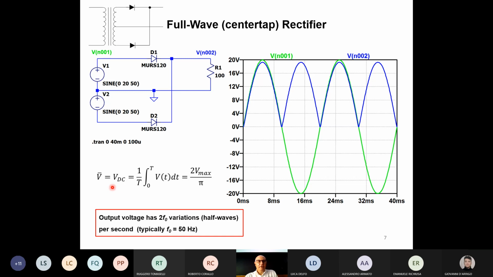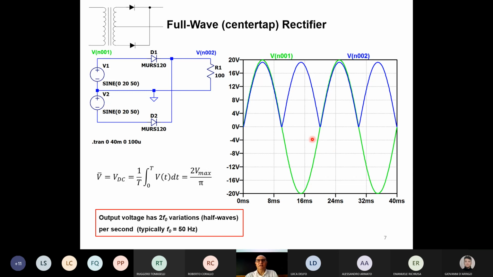If you take the average voltage, and you do it again using the integral, in this case you extend the integral to 1 cycle, which is 20 milliseconds, you can see that the average voltage has doubled. Before it was Vmax over pi, now it's 2 times Vmax over pi.